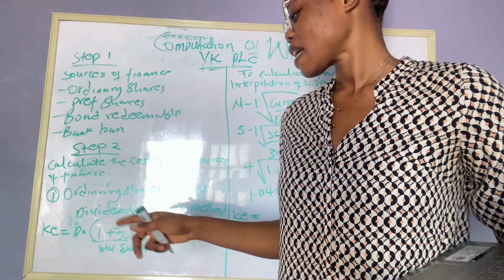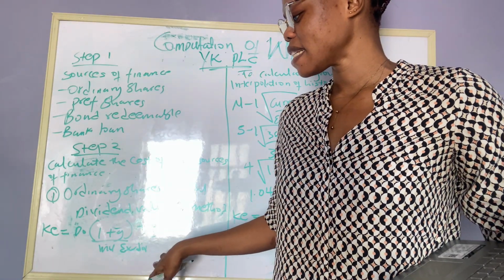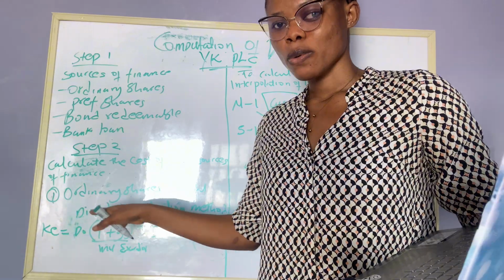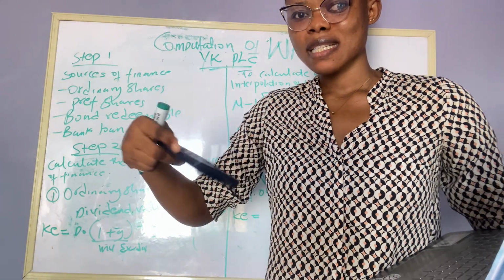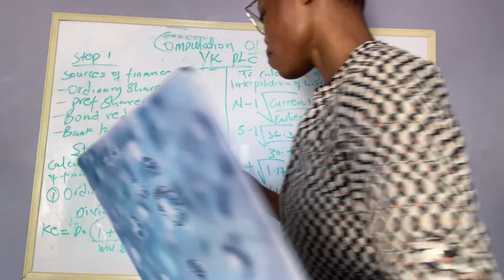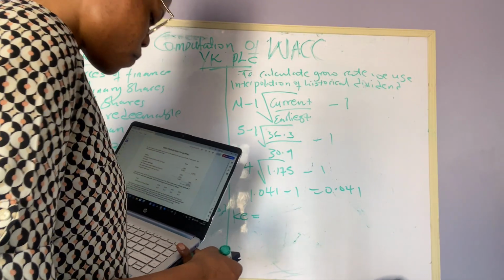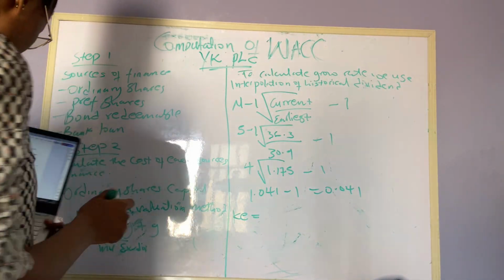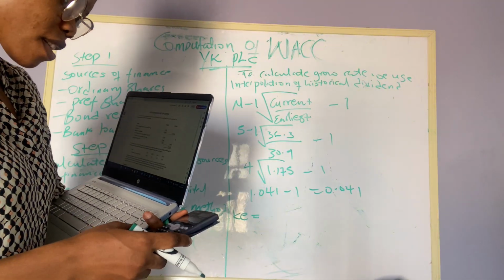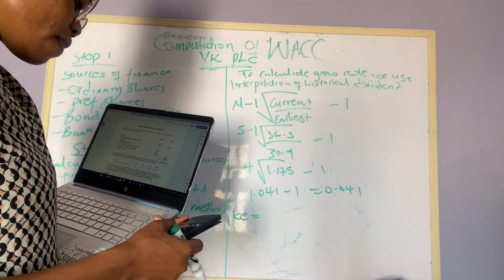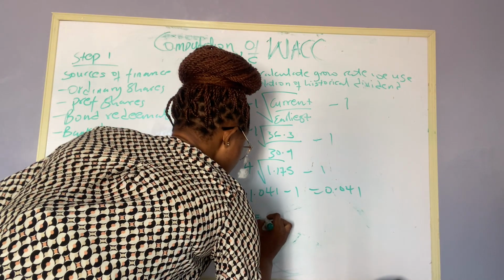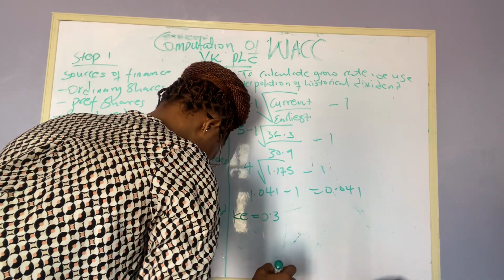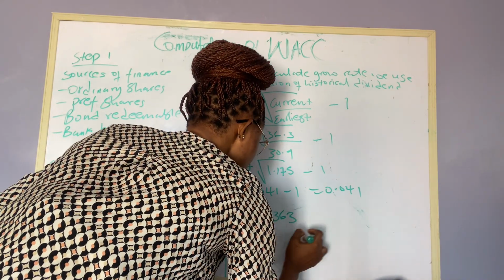I was carried away and didn't convert it to naira. I just used kobo. That's why we had 8%. It's not supposed to be 8%. When I was watching the video, I saw that I made a mistake. So sorry about that. So now this 36.3 kobo, the current dividend, divided by 100, we are going to have 0.363 naira.